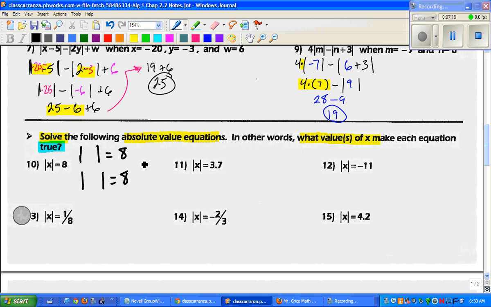Now, there are 2 answers to this. Because some of you are going to be saying, well, positive 8. The absolute value of positive 8 is 8. But you can also say negative 8. So x equals negative 8 or positive 8.